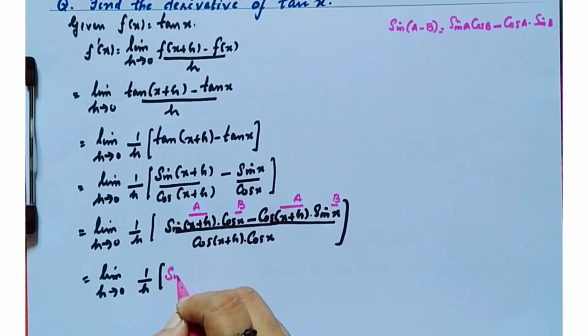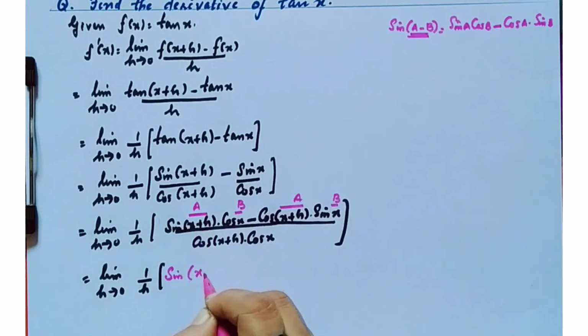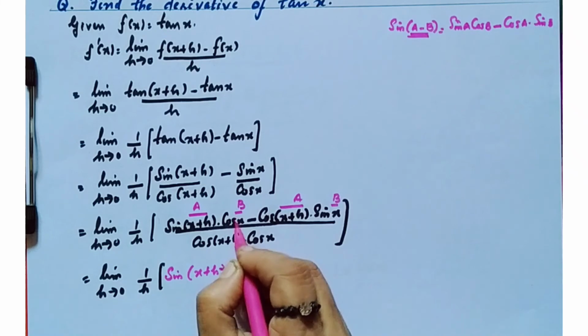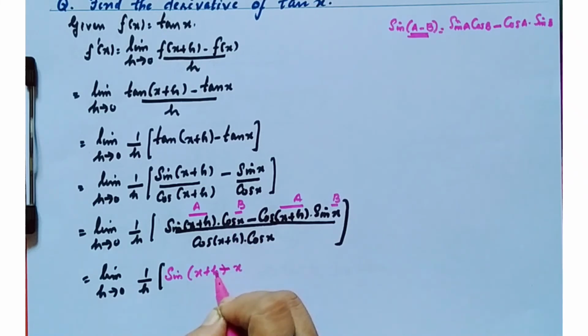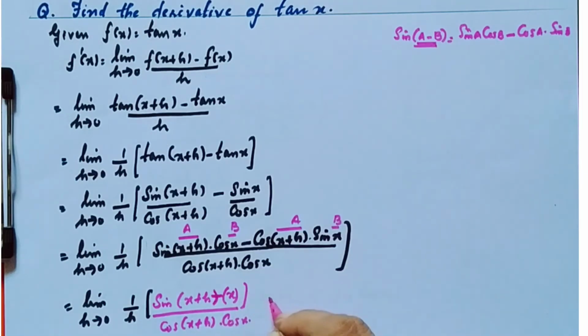Here a is x plus h and b is x. So sin(a minus b) is sin(x+h minus x), the whole divided by the denominator cos(x+h) into cos x.